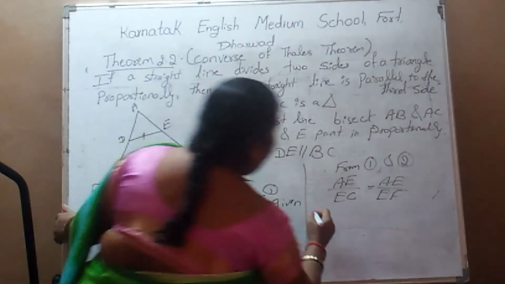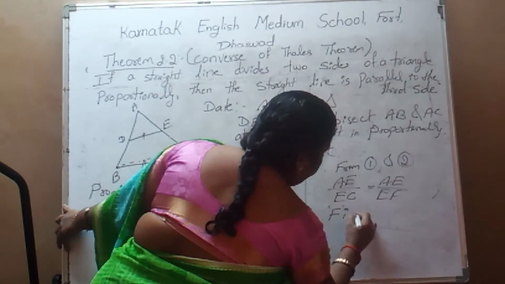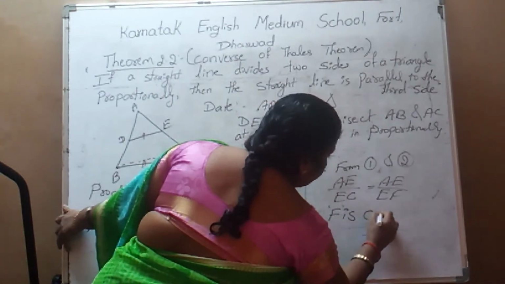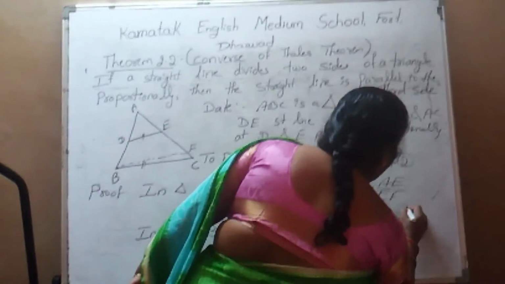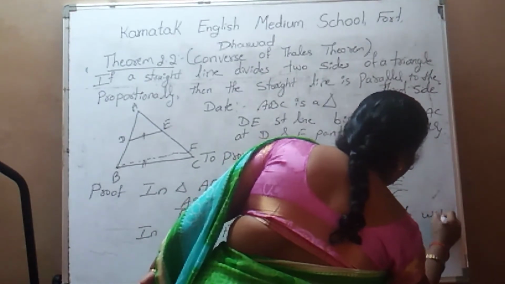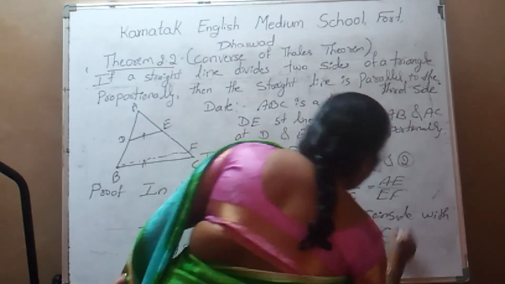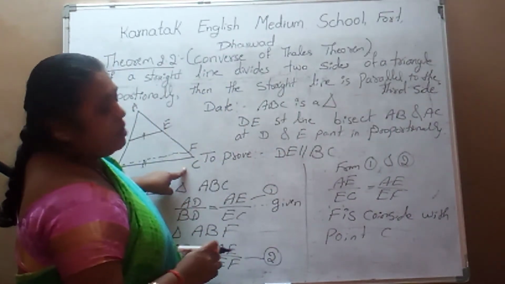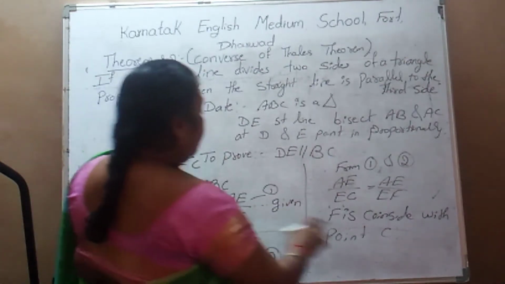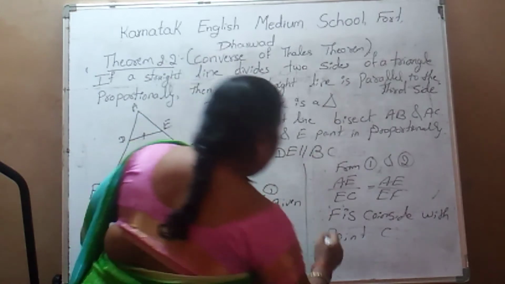Therefore, point F coincides with point C. So it is not a separate point. It coincides with C.